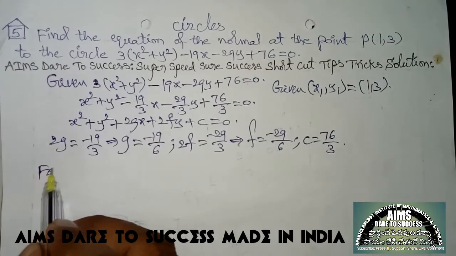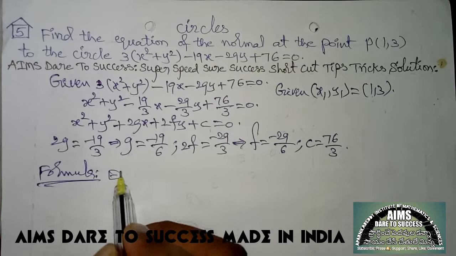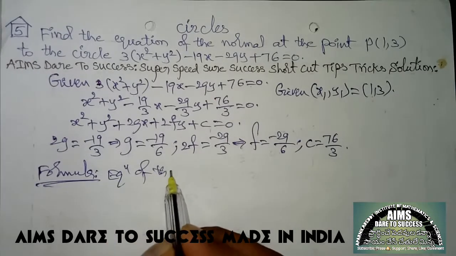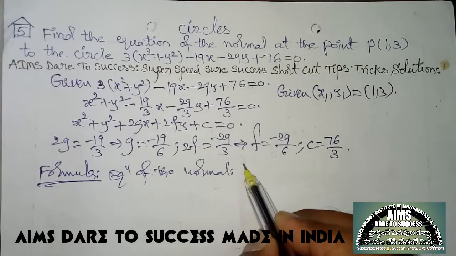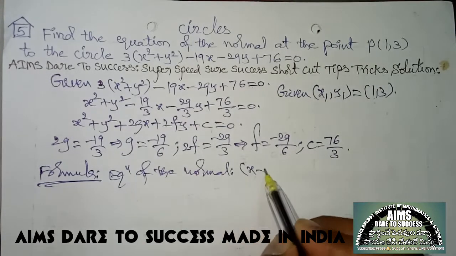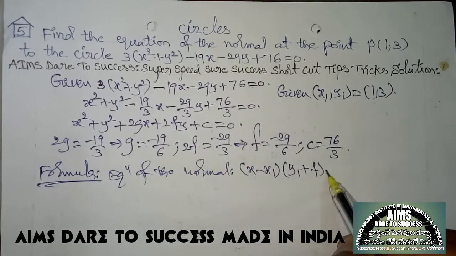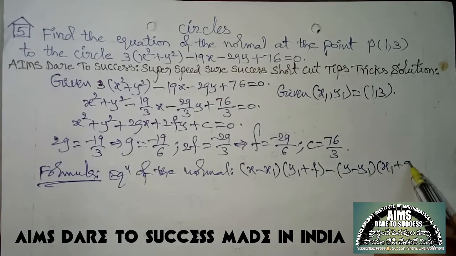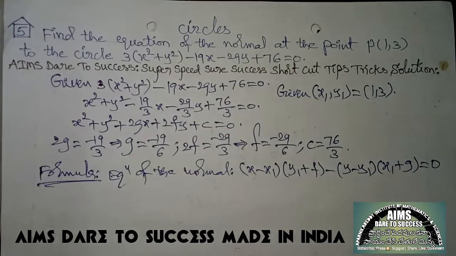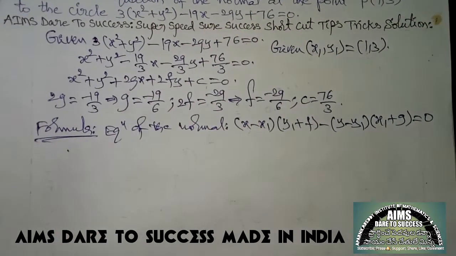Now I wanted to write a simple, sweet and short formula: equation of the normal is x minus x1 into y1 plus f minus y minus y1 into x1 plus g is equal to 0. This is the formula. Now I wanted to substitute values.